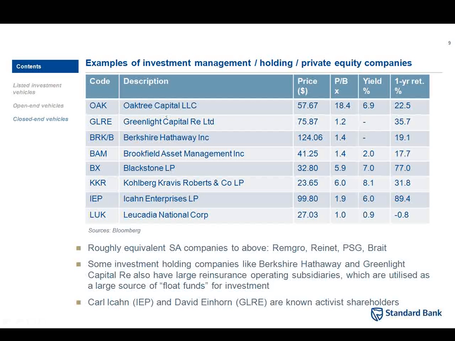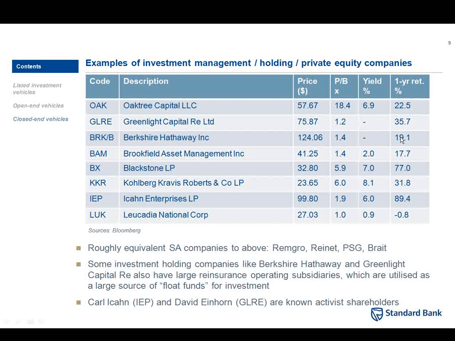Oak Tree Capital, by the way, is Howard Marks's investment company, and he's considered one of the investment gurus. Likewise, David Einhorn for Greenlight Capital Re, which, like Berkshire Hathaway below it, also has a big reinsurance operating subsidiary from which they source a lot of free float funds that they can invest in other assets.